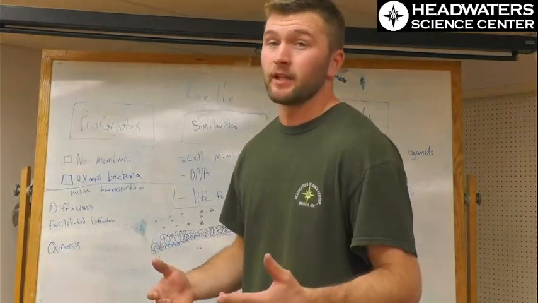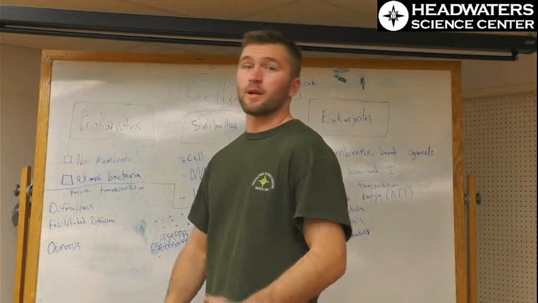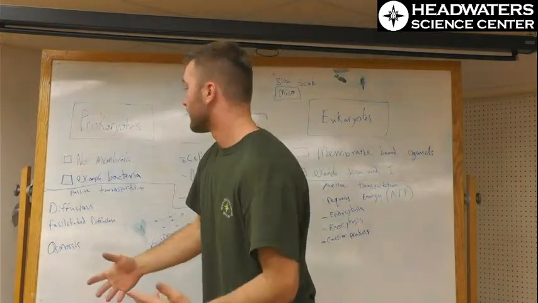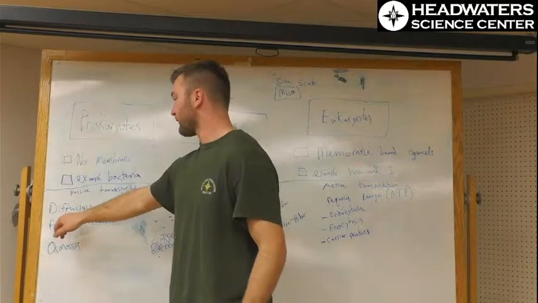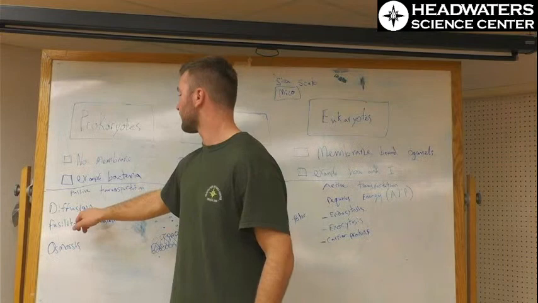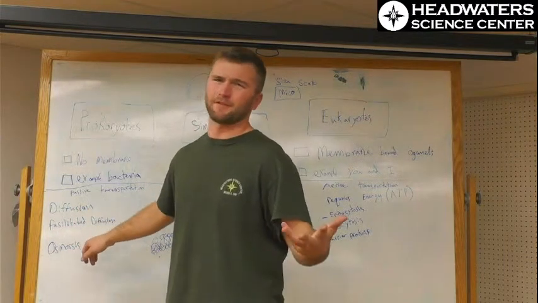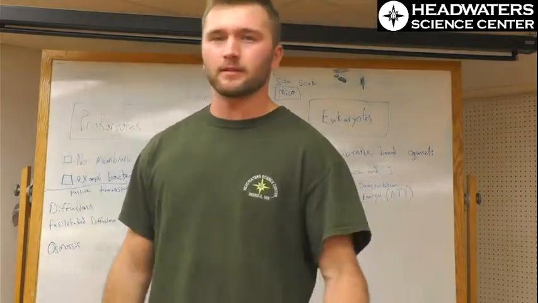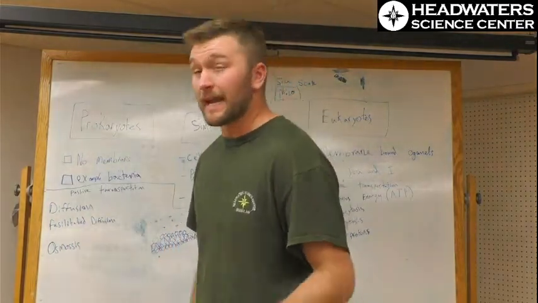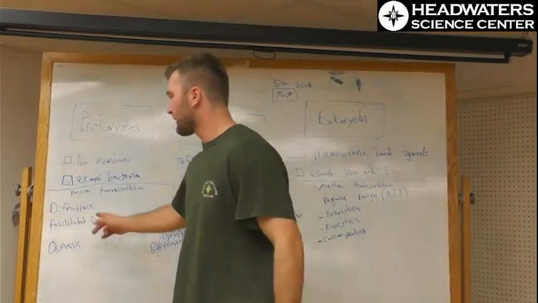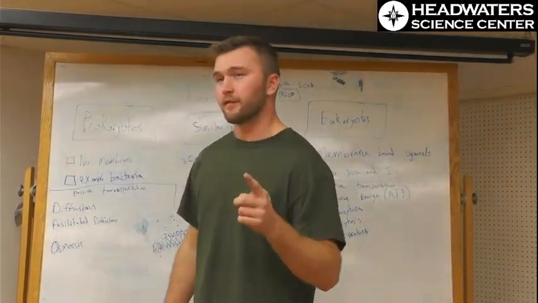Passive transportation is this great thing that requires no energy. We have three different categories of passive transportation: diffusion, facilitated diffusion, and osmosis. I said diffusion twice, and I did not make a mistake. I did say diffusion and facilitated diffusion.